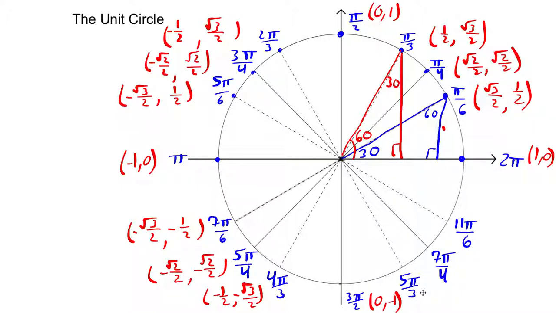And then into the fourth quadrant, we go 3, 2, 1, and then we go 1, 2, 3.